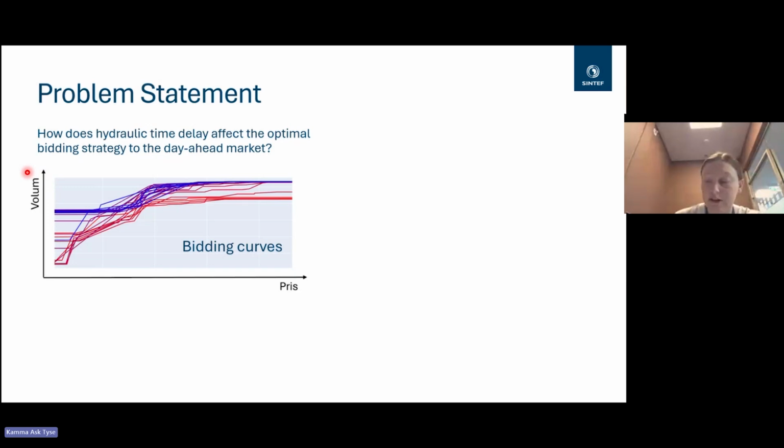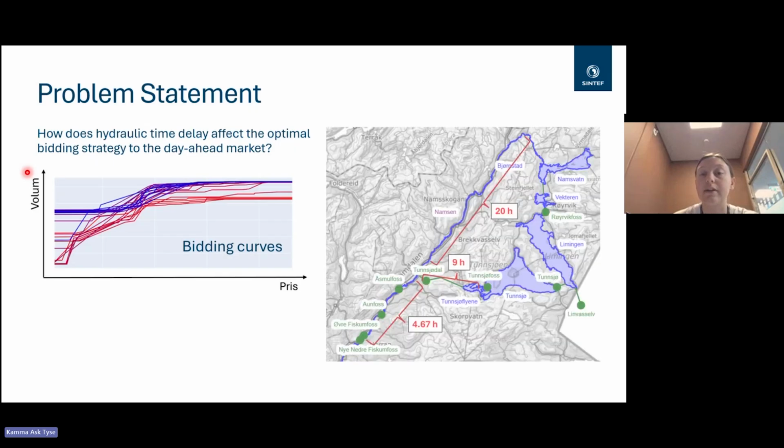Suppose now that we want to construct bidding curves for a watercourse that is characterized by a significant time delay. In this map, we see the Namsen watercourse, which is centered on the river Namsen in Nord-Trøndelag.